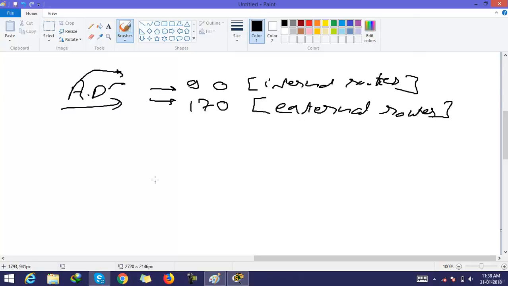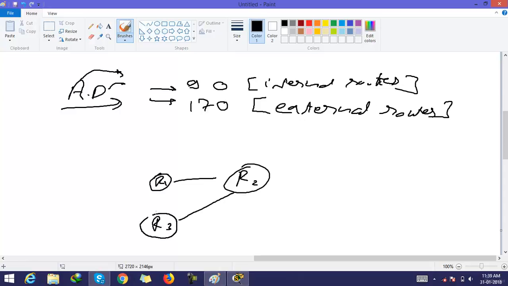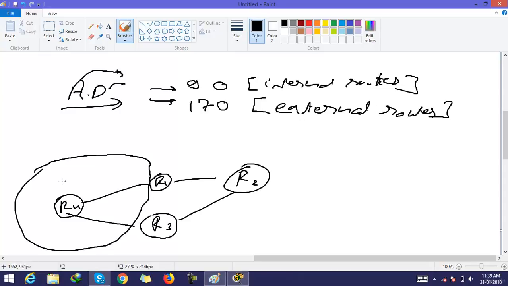For example, this is R1, this is R2, this is R3, this is R4. Here we apply a different routing protocol, for example, I am using OSPF here. This is our EIGRP network.